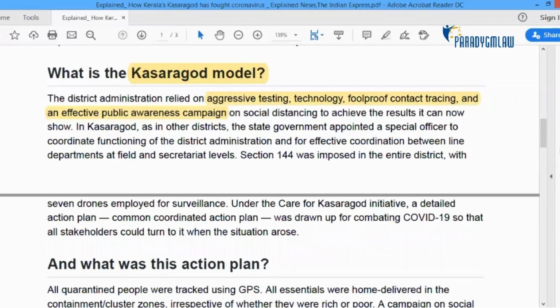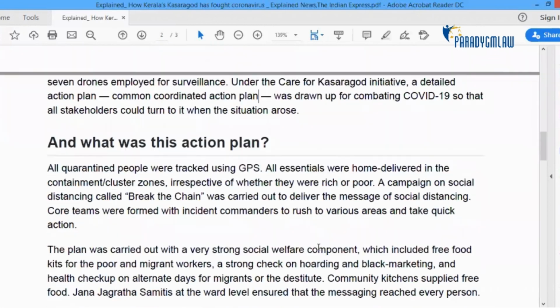This passage talks about a common coordinated action plan, and the next passage talks about what that action plan is.